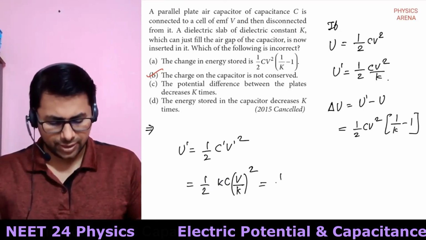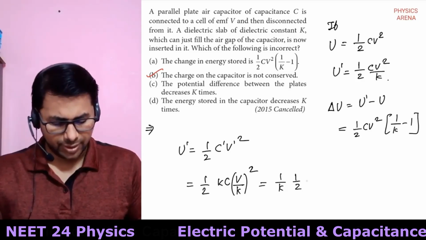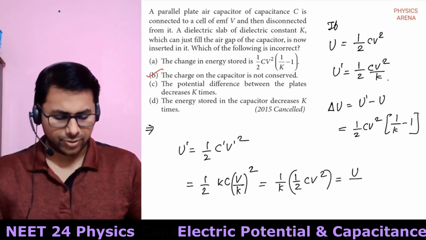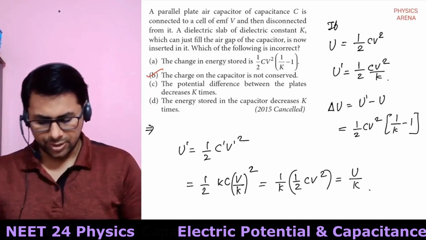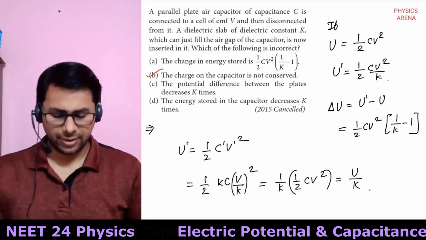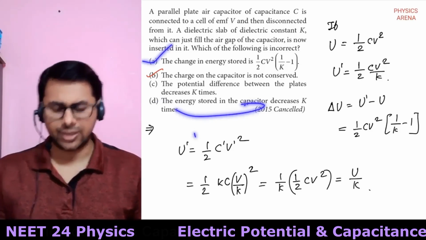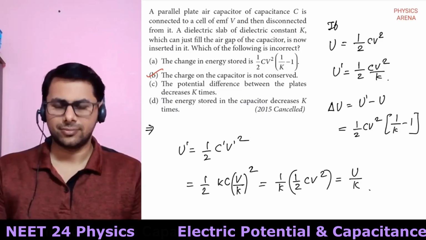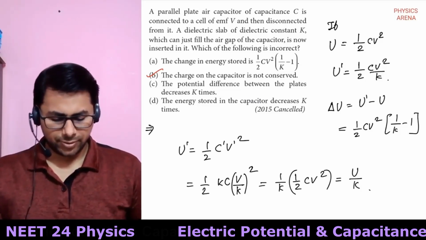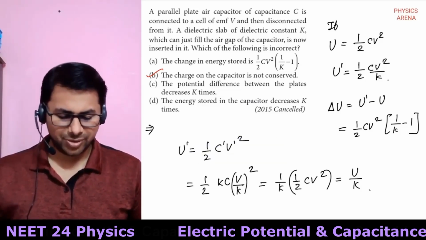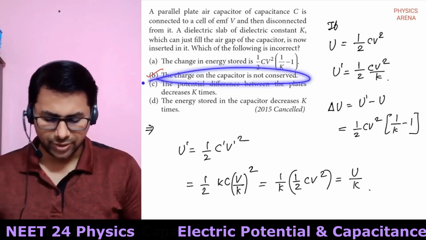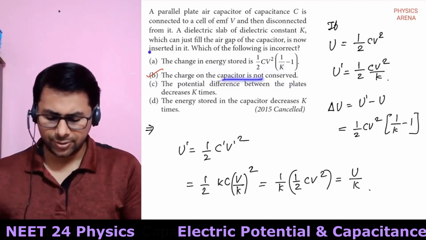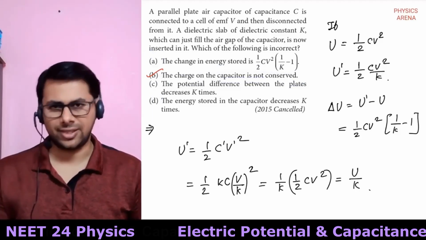So it is actually 1 by K times half of CV square. That is true. It becomes U by K. So this thing is correct, right? So if this is correct, this one is also correct. Is this clear? Okay, good. So you should be able to find it out, right? But it's good that you answered. The charge on the capacitor is not conserved. If you know this, you don't need to think about these things in the exam.